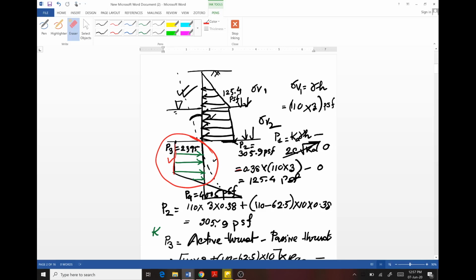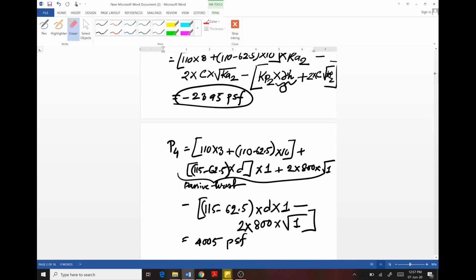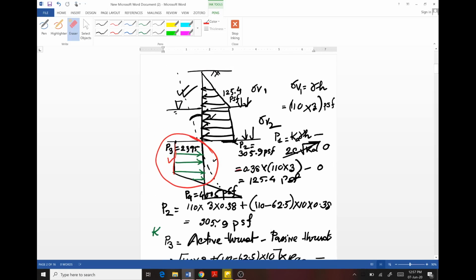Passive thrust from this region and active thrust of this region make the cantilever sheet pile in this position. So we have determined the value of P3, 2395 psf, and this value will be unchanged up to this level.